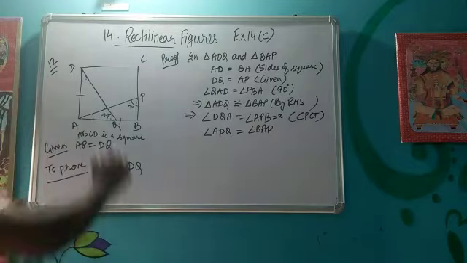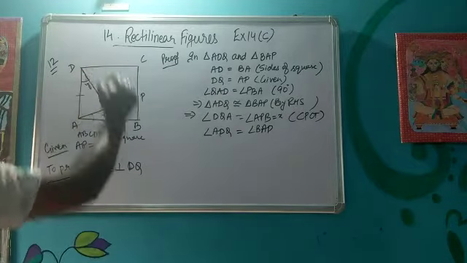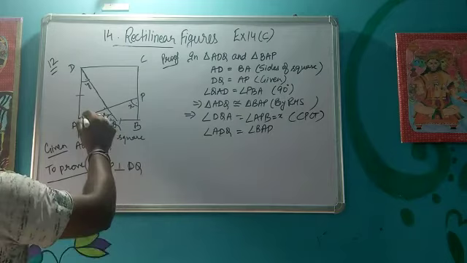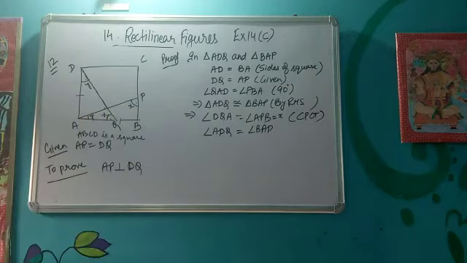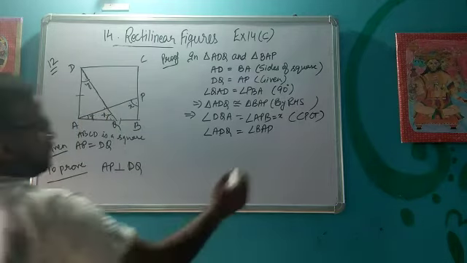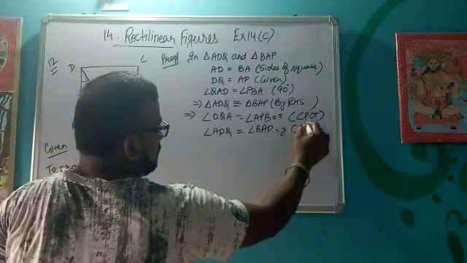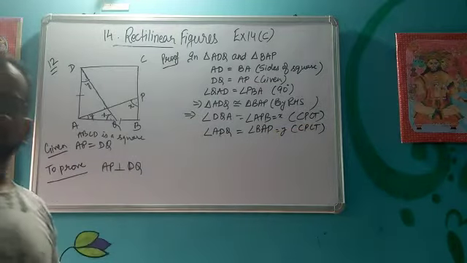So angle ADQ is this and angle BAP is this angle. Okay, so let it be Y again. So these two angles are equal to each other by CPCT.